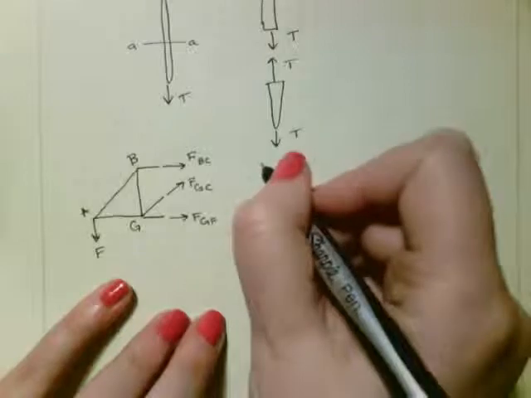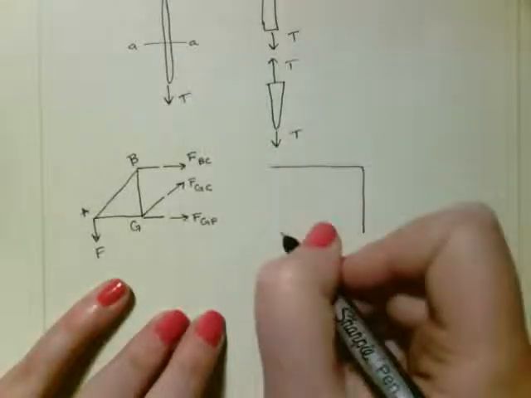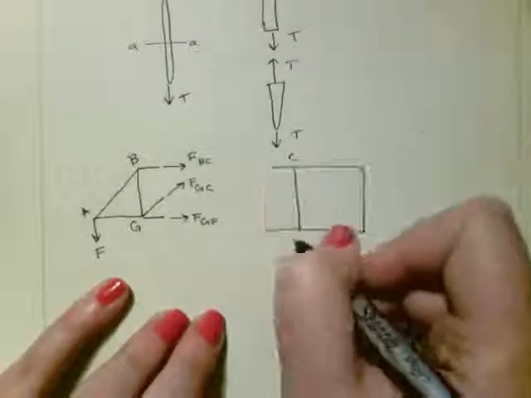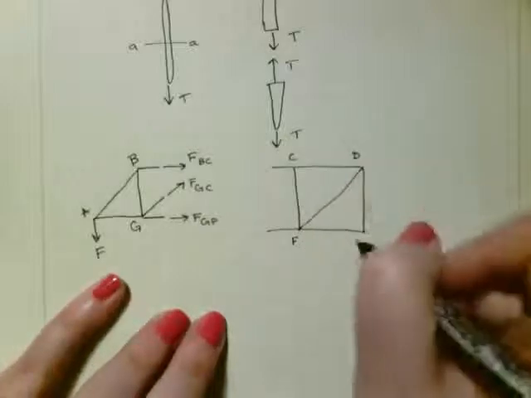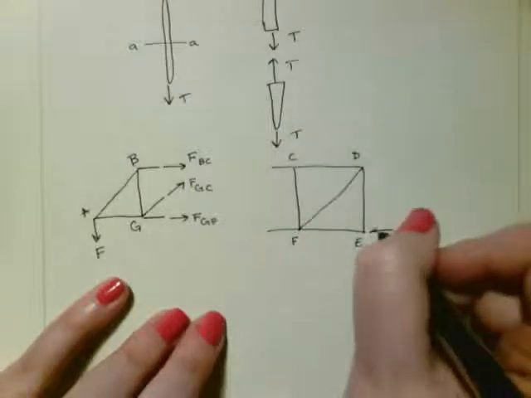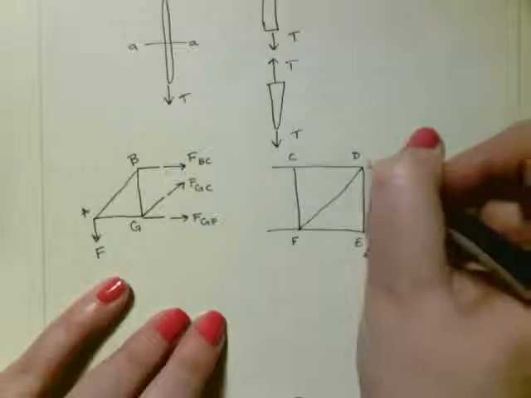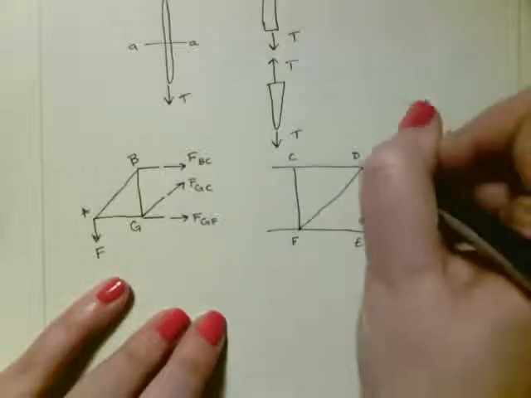Then the other side, its free body diagram: C, F, D, E. So we would need the external forces. For the roller, we would have EX. For D, we would have a pin connection, so it's got DX and DY.